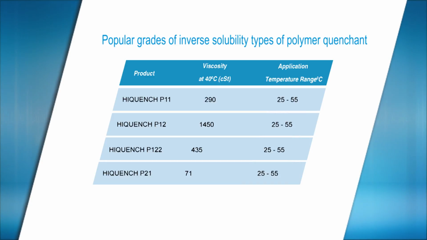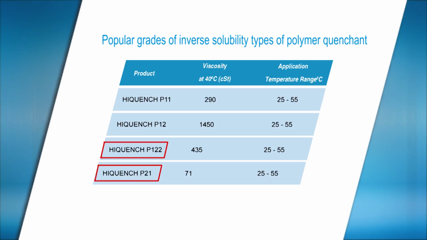Amongst the products shown in the table, HighQuench P11 and HighQuench P12 are used by a large number of customers in India for induction hardening as well as tank quenching applications. The two products, HighQuench P122 and HighQuench P21, are used where the application requirements are very demanding.